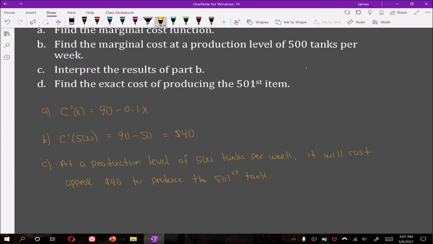Right, so it'll be another $40 to produce that next fuel tank.